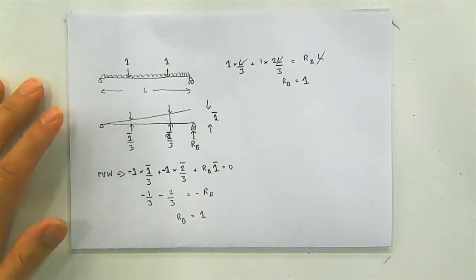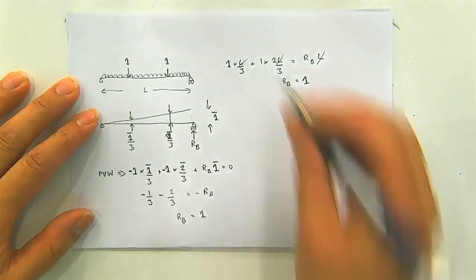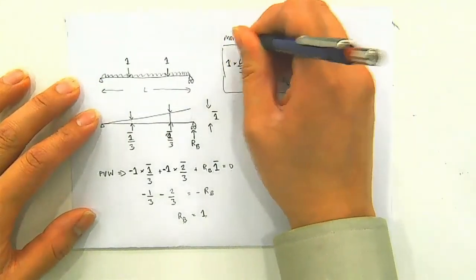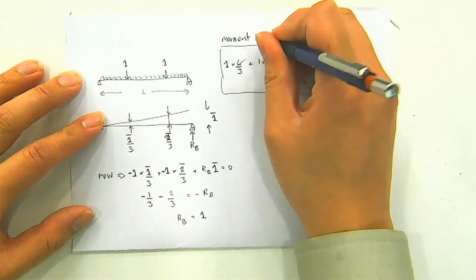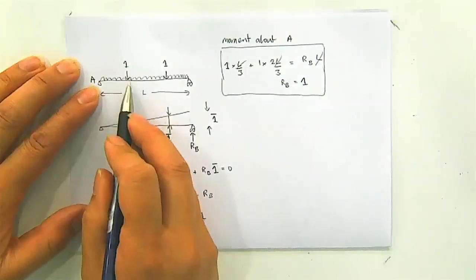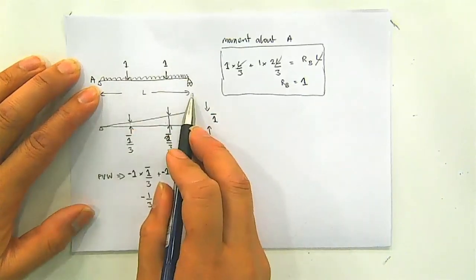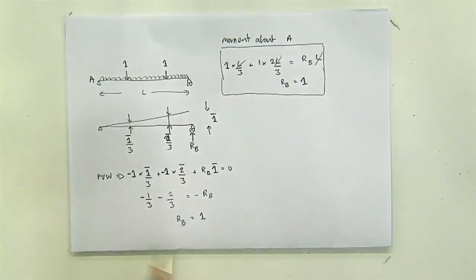And if you want a confirmation that you have indeed correctly calculated what RB is, then look up here, that's when I do moments about A. This is the way the Eng course would have taught it: you take moments about A, 1 times that distance plus 1 times that distance is equal to RB times the whole distance L, and out pops RB equals 1. So we've confirmed, I believe, that this principle of virtual work does indeed make sense, and it does indeed work.